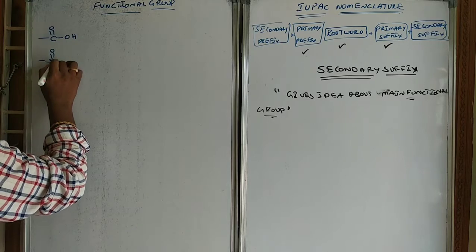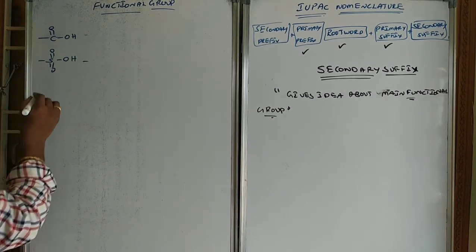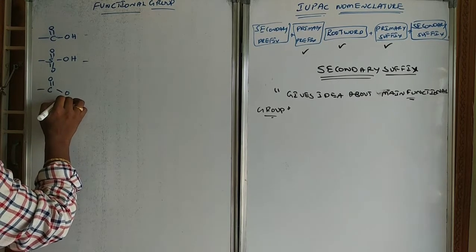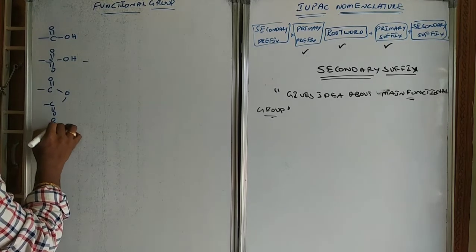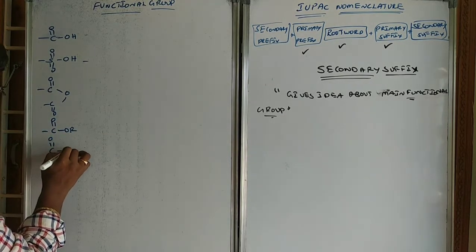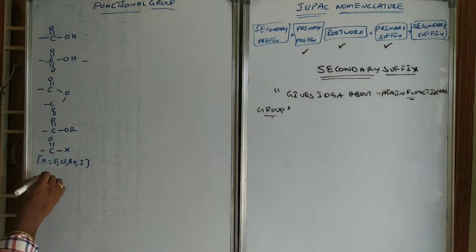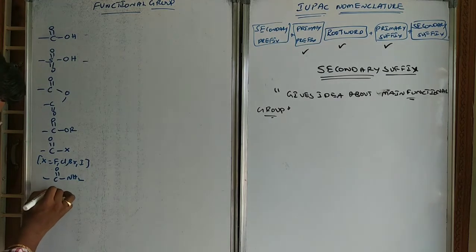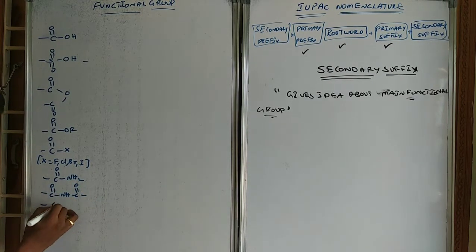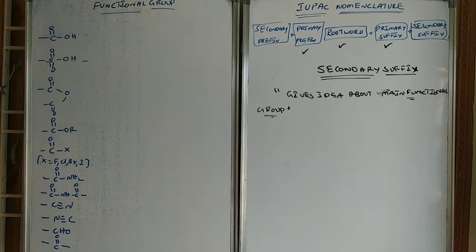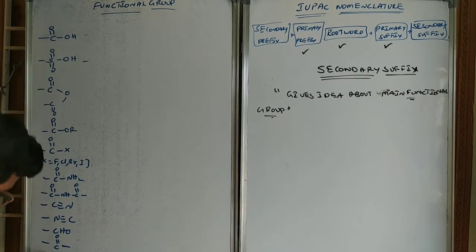COOH, SO3H, C double bond O with O, COOR, COX, where X is fluorine, chlorine, bromine, and then iodine, CONH2, CONH, C triple bond N, N triple bond C, CHO, C double bond O, OH and NH2.